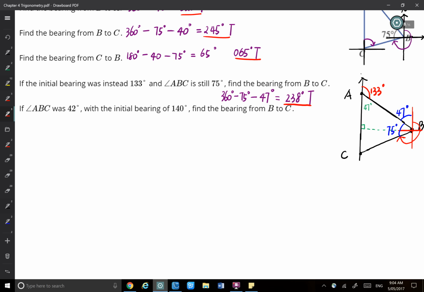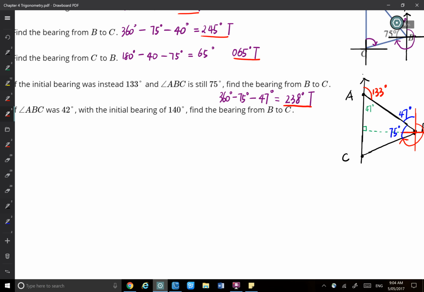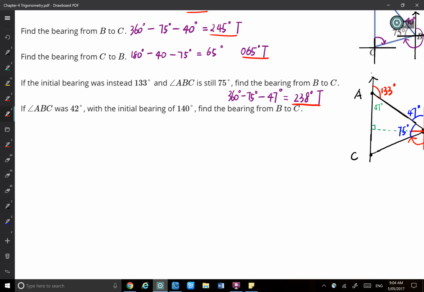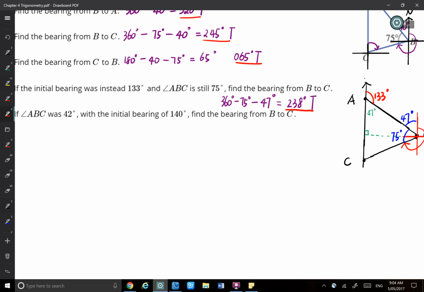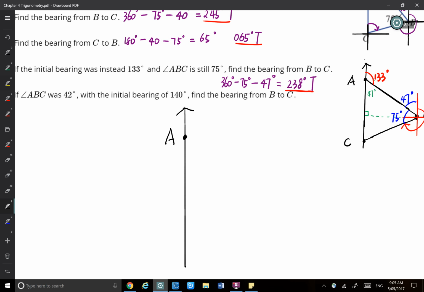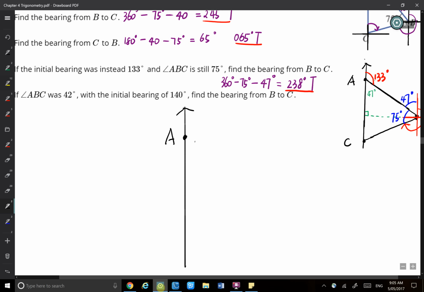Okay, the last one. If the initial bearing is still 140, but ABC was 42, find the bearing from B to C. Now I need a new diagram. So let's say we have A here, and then we have 140 degrees.